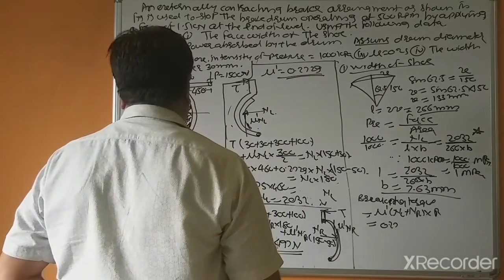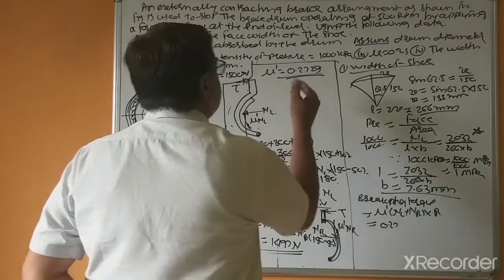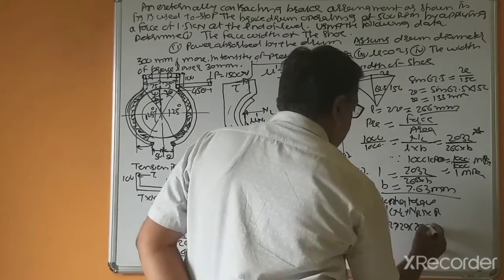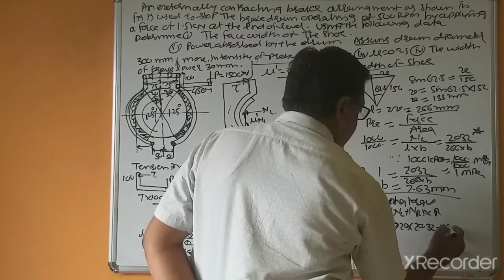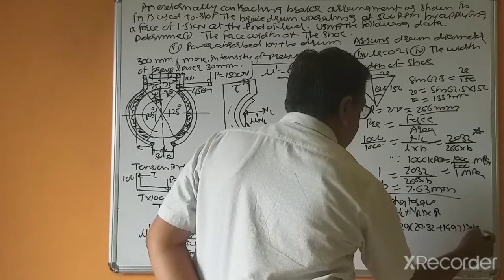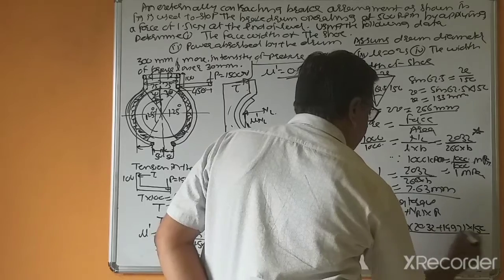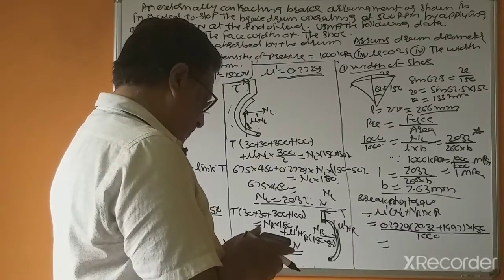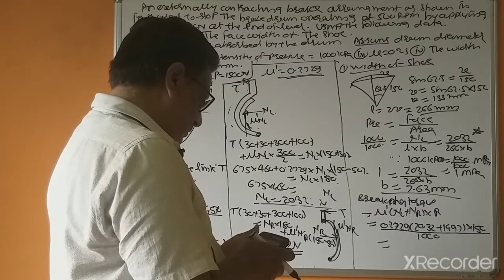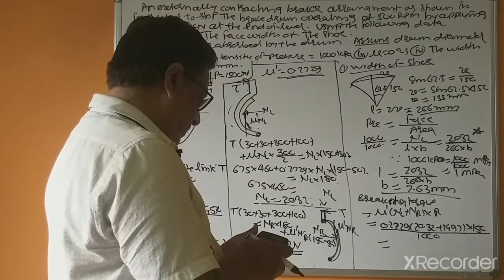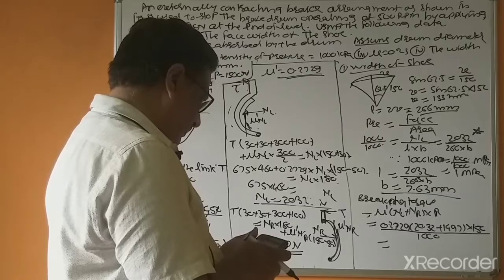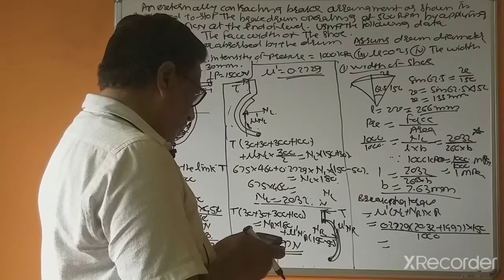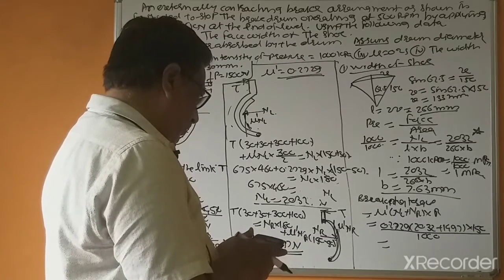Mu equal to, so where is the mu dash? 0.2729 into 2032 plus 1497, radius equal to 150 divided by 1000. 0.2729 multiplied by 2032 plus 1497 multiplied by 150.